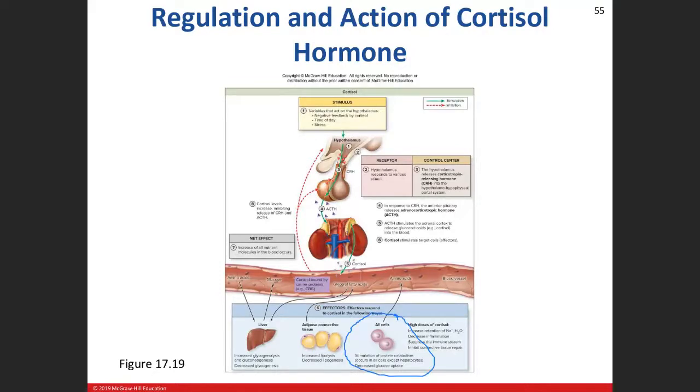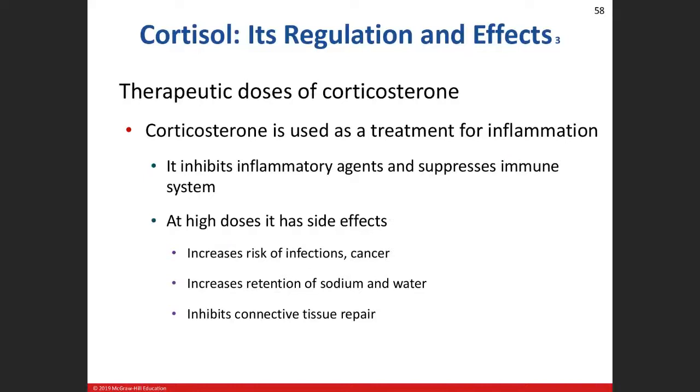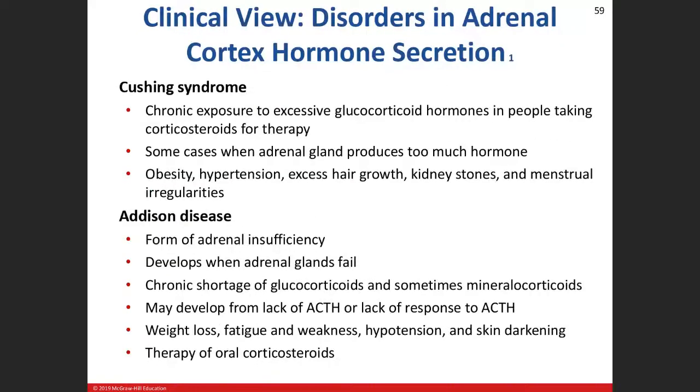It causes cells to break proteins down. Anabolic steroids build proteins up. You'll start off with a bunch of amino acids, and then anabolic steroids will help to build those amino acids into proteins, where catabolic steroids start off with a protein and tear it down into amino acids.